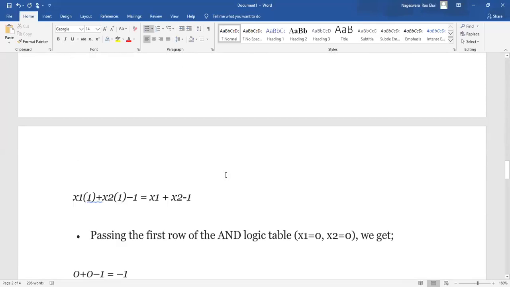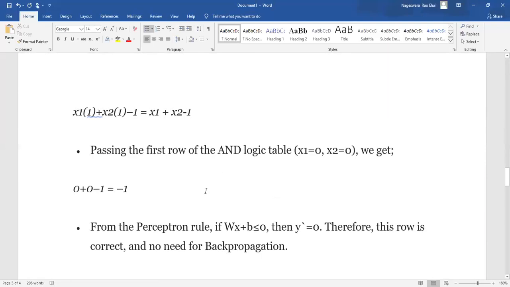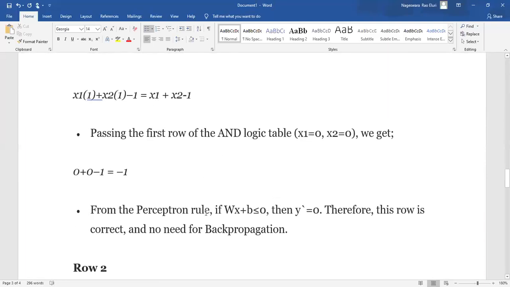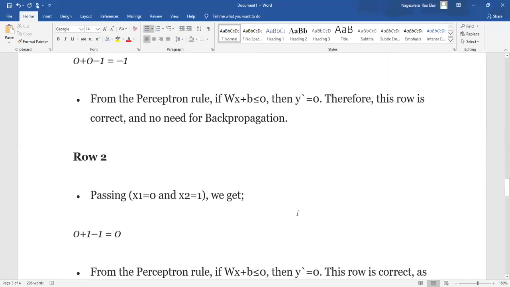Now from the perceptron rule, if x plus b is less than or equal to 0, because -1 is always less than or equal to 0, then the output value is 0 according to the perceptron rule. Hence the value is optimized, so there is no need for back propagation. That means no need to update the weight and bias values.